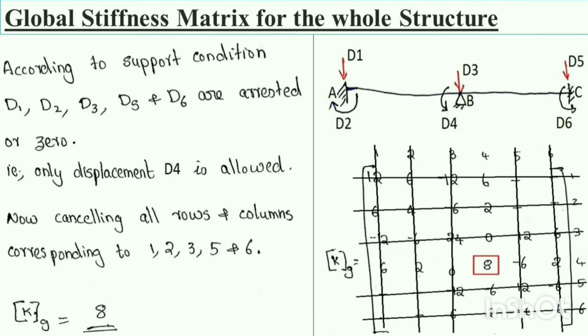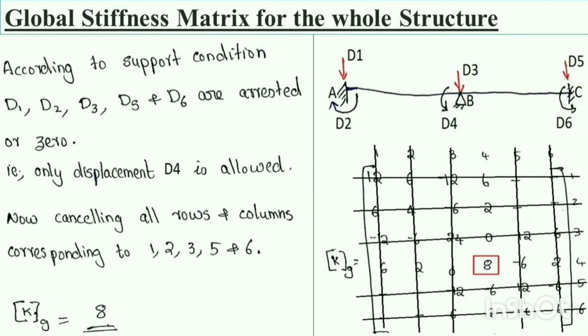Okay. Now looking at the support conditions, the displacements D1, D2, D3, D5 and D6 are arrested, or 0. That is, A is a fixed support. At a fixed support, no displacements are allowed. So displacements D1 and D2 are 0.